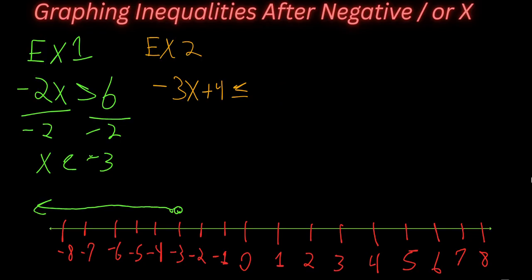Now that we've set that up, our first step is to solve it. As we've learned, we subtract 4 from both sides, and we get 6 is greater than or equal to -3x.